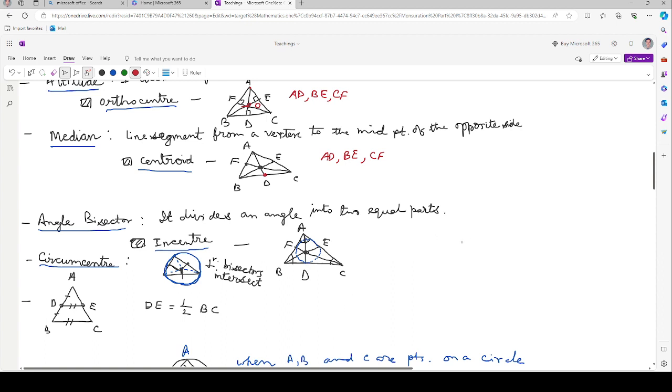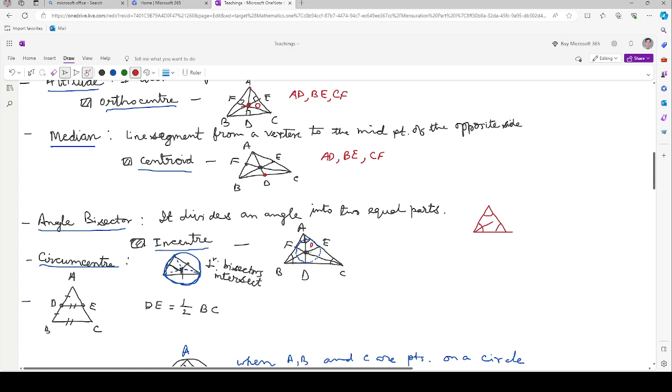Already we know that there are three angles of a triangle. If we bisect one angle, then this is known as an angle bisector. And there are three angles, so there are three angle bisectors, and triangles have a property that angle bisectors intersect at a common point.